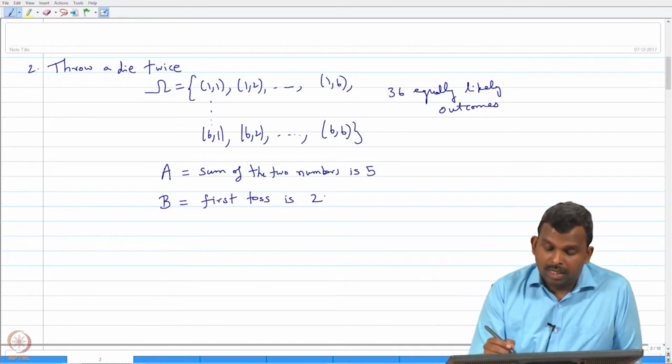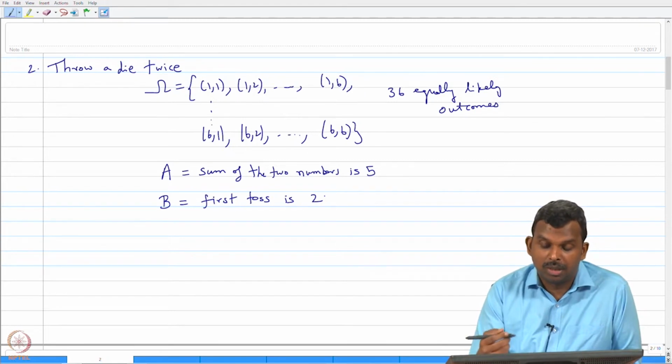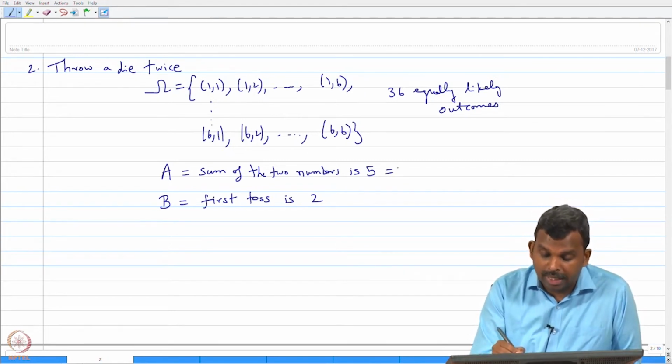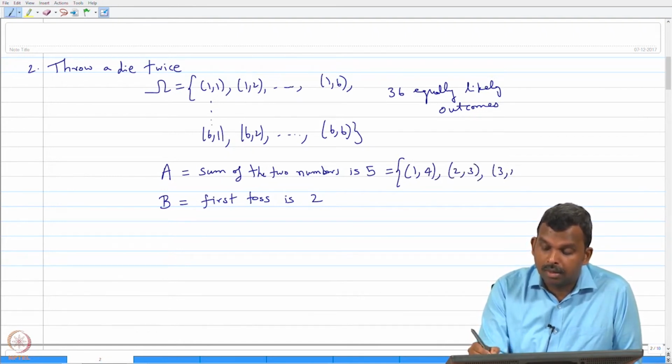Let us do this the hard way first, and then I will point out an easy way to do this problem, which will help you as we go along. So, what is this event A? Sum of the two numbers is 5. It could be 1 comma 4, 2 comma 3, 3 comma 2, 4 comma 1.